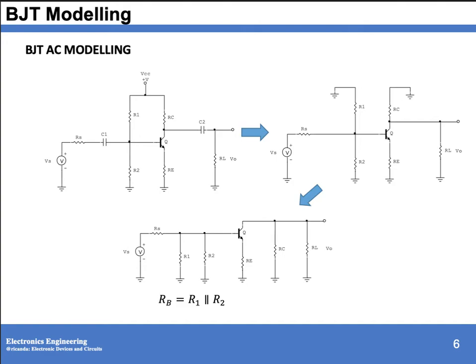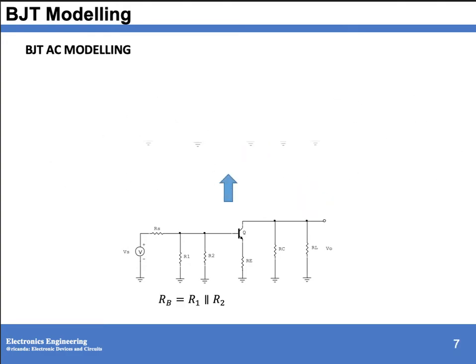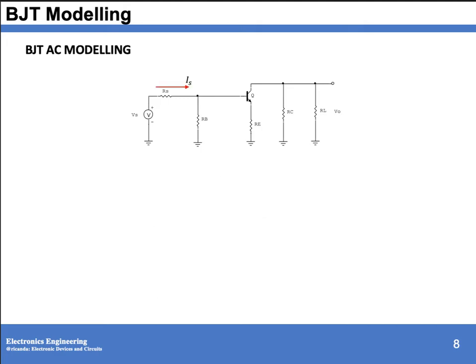But we cannot do the same operation with RC and RL, because RL is not part of your amplifier circuit. So we have now your simplified model where RB is equivalent to R1 in parallel with R2. So we have this current IS. Then we have your IB, and this will be your IO, IC, and your IE.